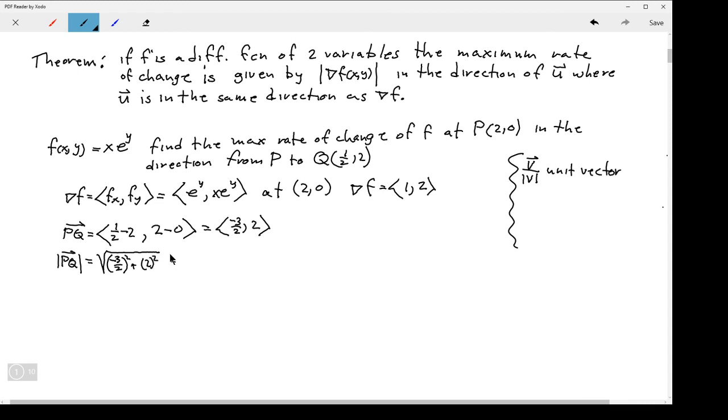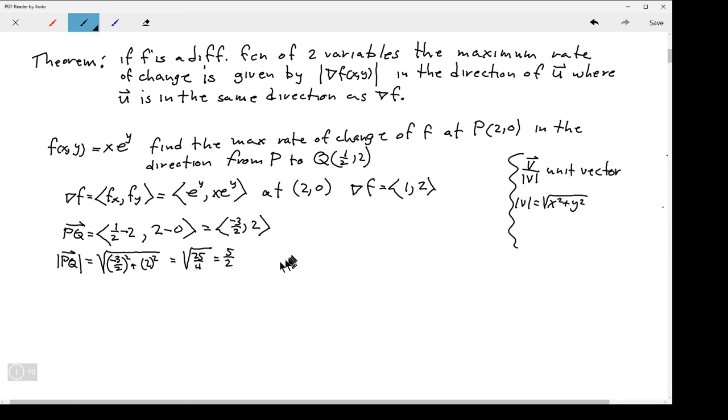When I work that out, it ends up being the square root of 25 over 4, so that's 5/2. The magnitude of v is the square root of x squared plus y squared. All these little formulas you have to go back and remember now.